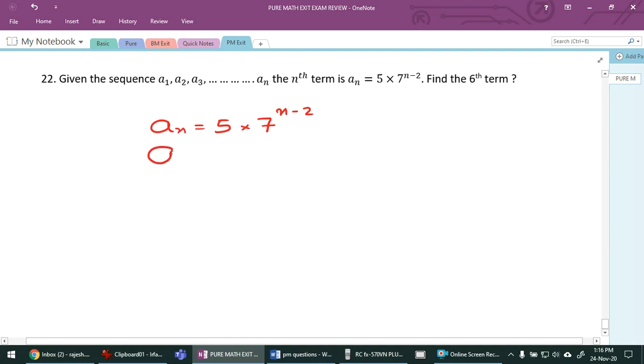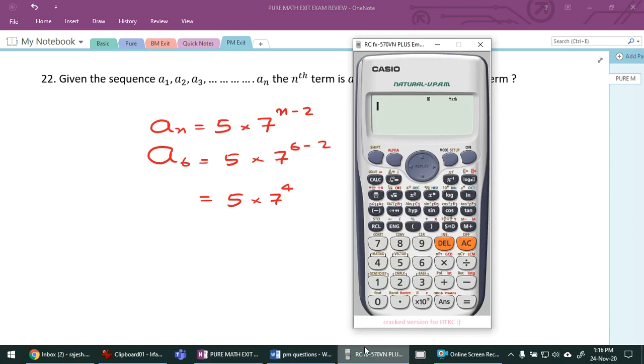So I want the sixth term, means I have to change n to 6. 5 into 7 power 6 minus 2. That means 5 into 7 power 4, since 6 minus 2 is 4. So we will use the calculator. 5 into 7 power 4. Answer is 12005.